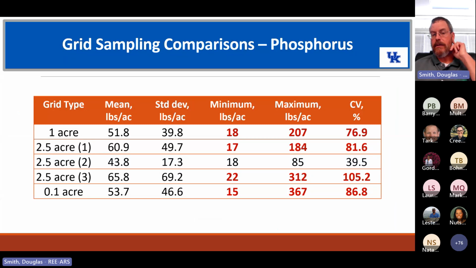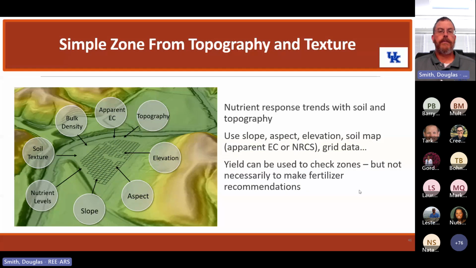Looking at the summary statistics, with the exception of one treatment here, the 2.5 acre number 2, which might give, depending on which fertility recommendations you're looking at, a little bit different information on how much you should fertilize the field or portions of the field. And all except for this one case, there's a tremendous amount of variability, as measured by this coefficient of variation, across these fields.